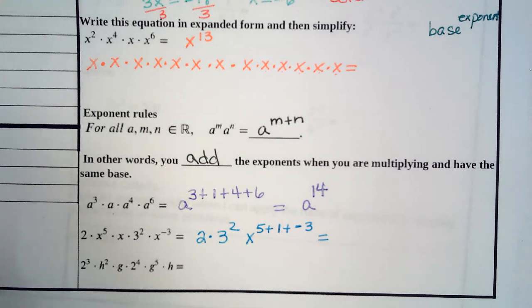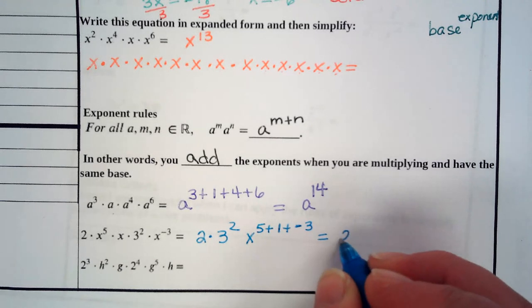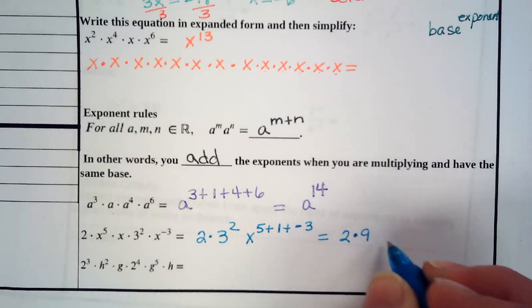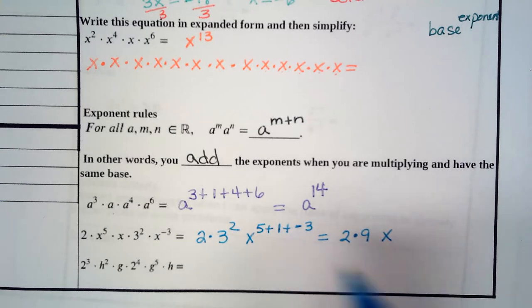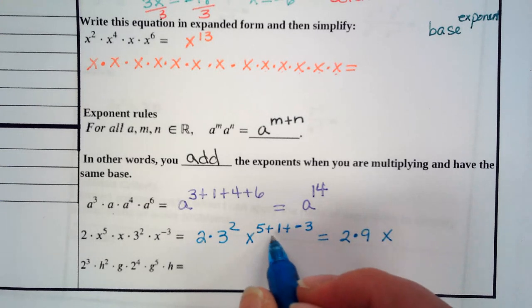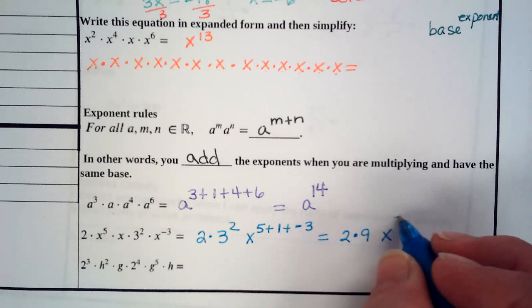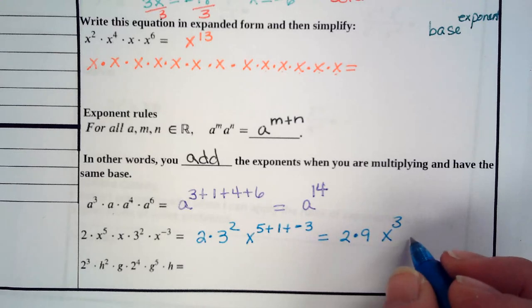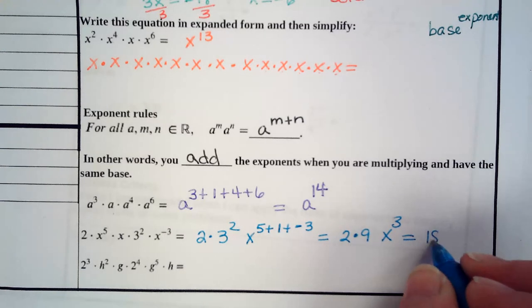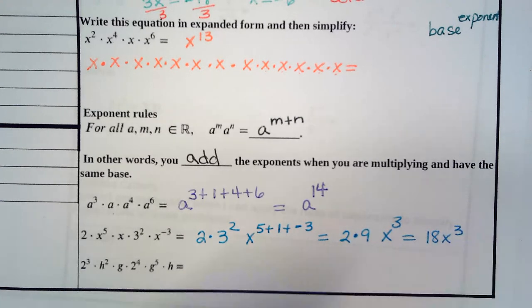Three squared is 9. So this is 2 times 9, x to the 5 plus 1 is 6, plus negative 3 is 3, x to the third power, which gives me 18x to the third.